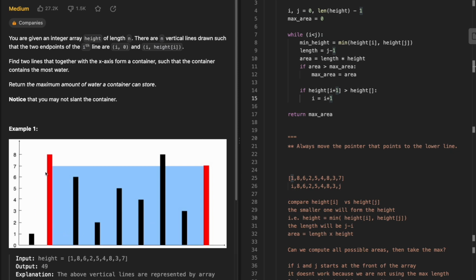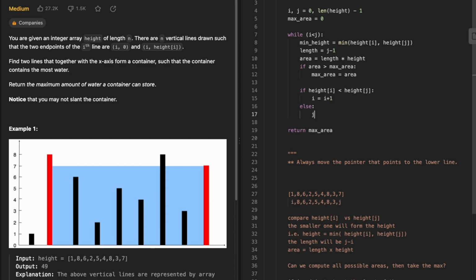So essentially, if height i is smaller than height j, we want to move i forward.